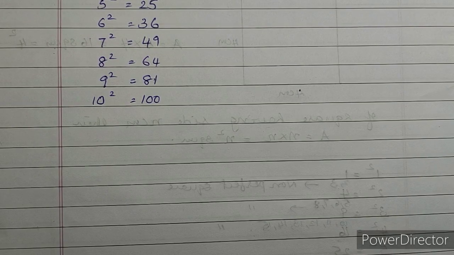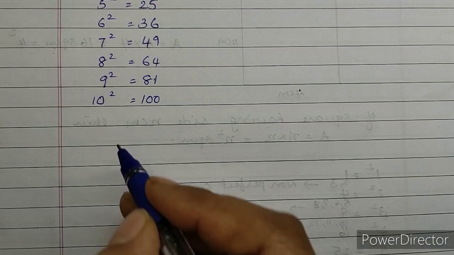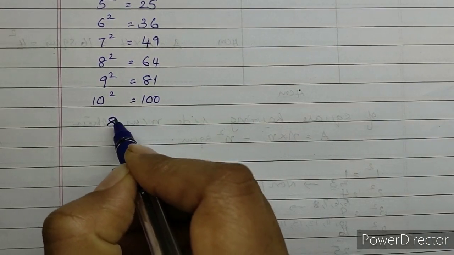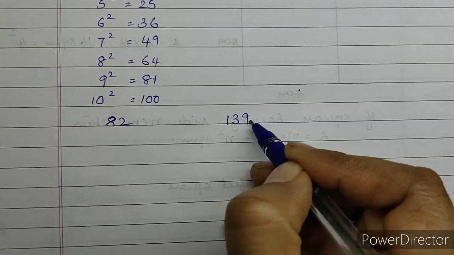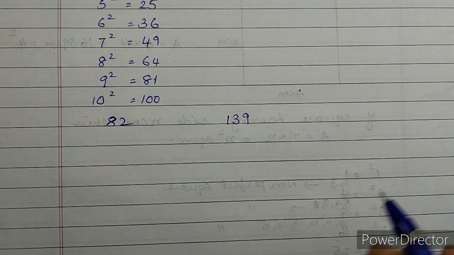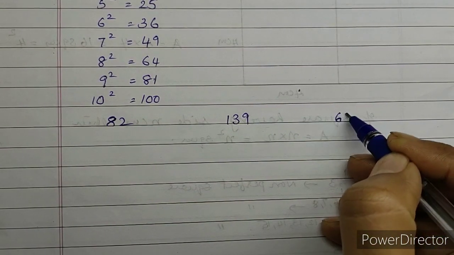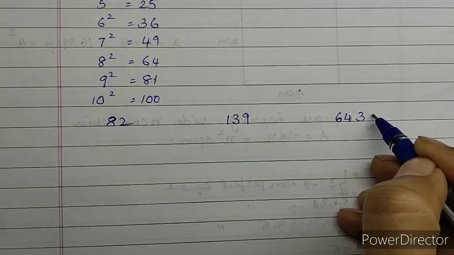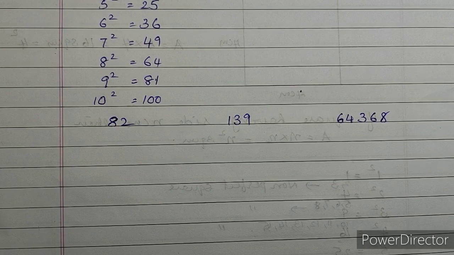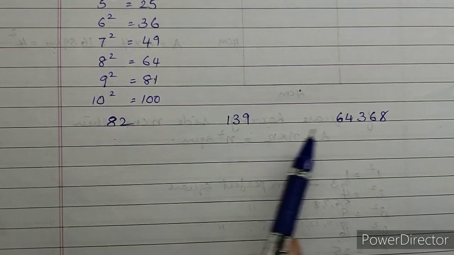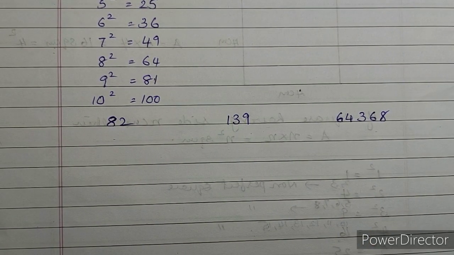There are infinite numbers, big, small, all varieties. We will take a few bigger numbers. For example, one 2-digit number 82, one 3-digit number 139, one 5-digit number 64,368. So three types of numbers we have taken: a 2-digit number, a 3-digit number and a 5-digit number.